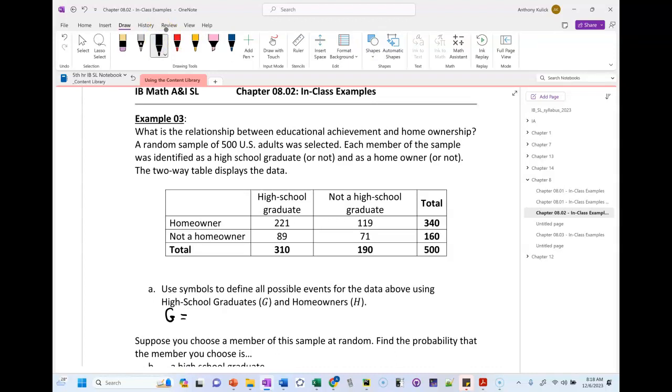So what does G mean? Okay. So that's like this column here, right? And then what are we going to call this one? Great. So what symbol should I use?